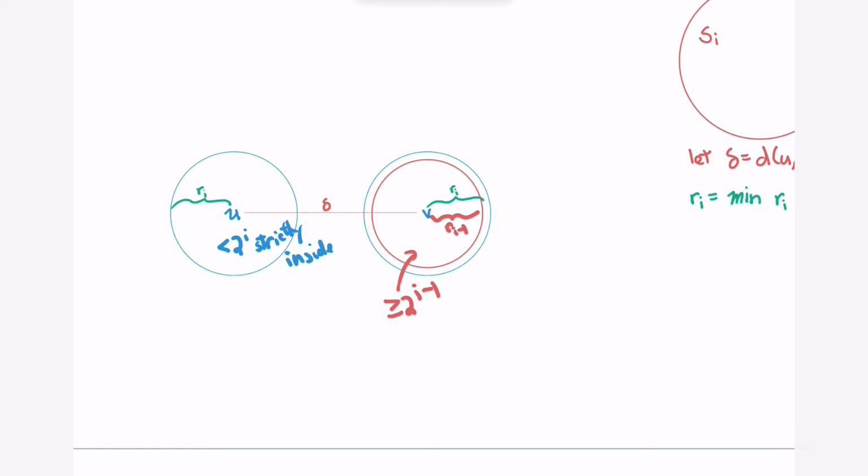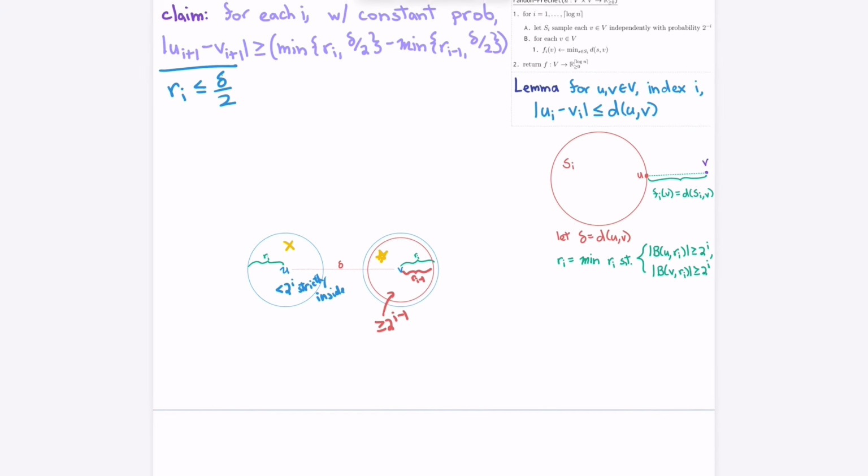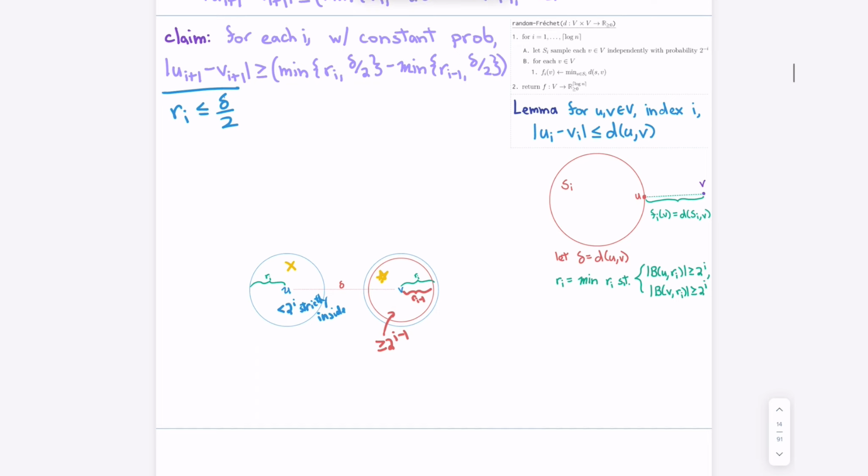Suppose I sample a point inside the smaller one, but I don't sample any points in the bigger one. We're looking at the (i+1)th sample, but I'm focusing on the balls of radius r_i and radius r_{i-1}.